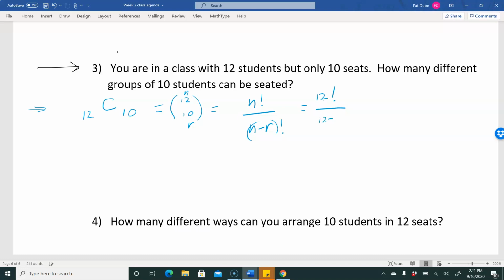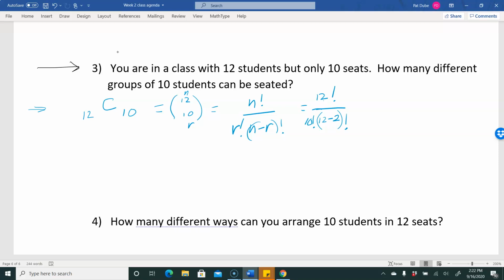It's how many I have factorial divided by how many I leave factorial. And then there's also this r factorial in the formula that I didn't write initially that I should have. This is where that r goes.